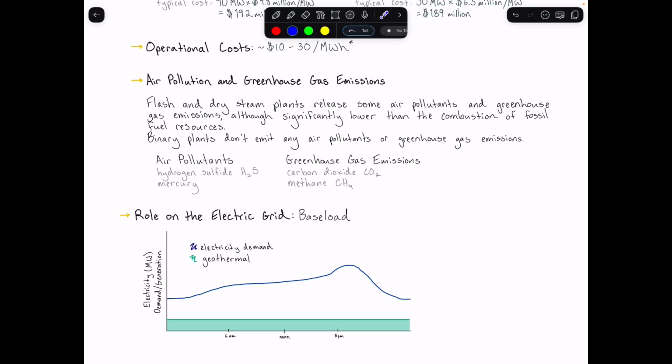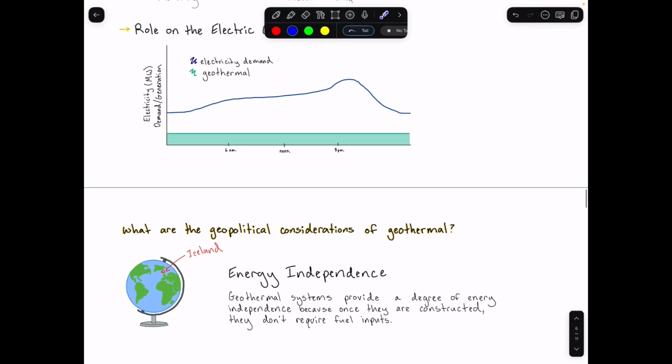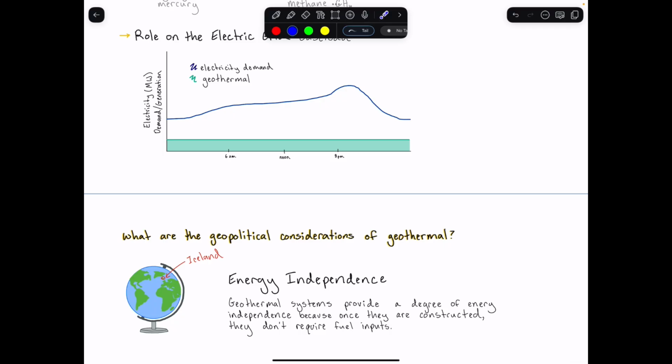Okay, on to the last section: the geopolitical considerations of geothermal. Because geothermal systems don't require any fuel inputs, unlike fossil fuel systems, they can provide a degree of energy independence by allowing countries to maintain a reliable and reasonably priced electricity sector, even if there are big geopolitical events that might be disrupting fuel supply chains.